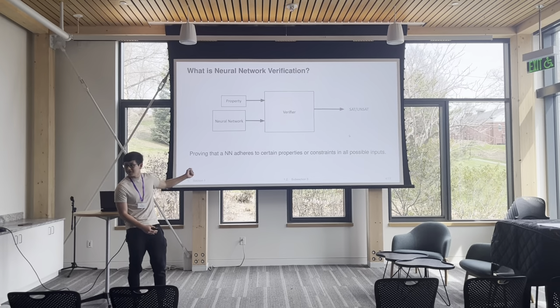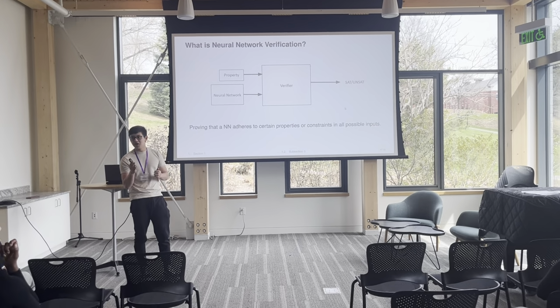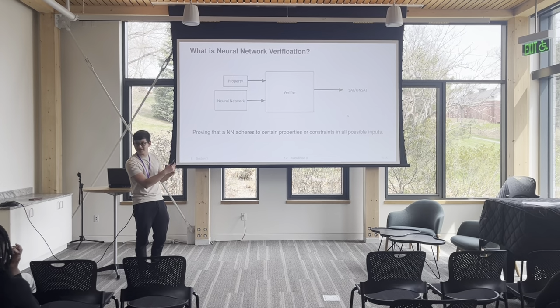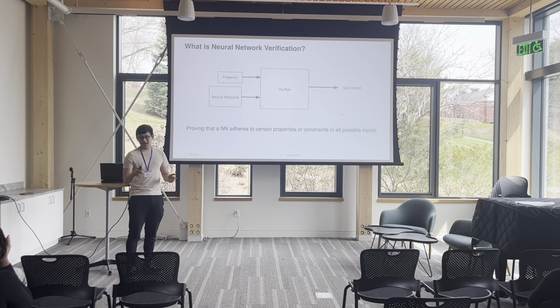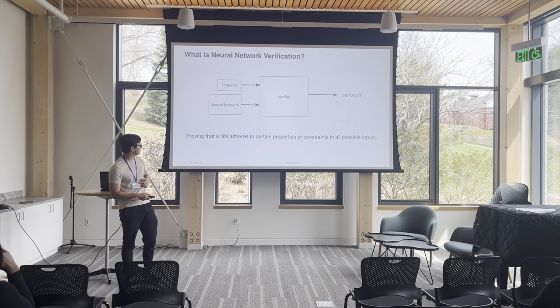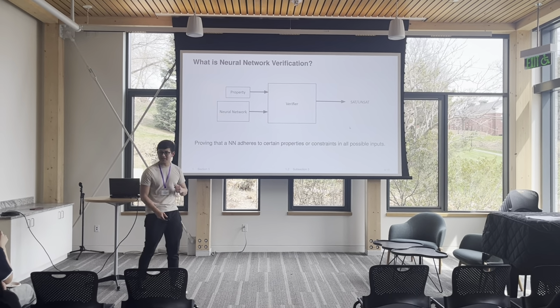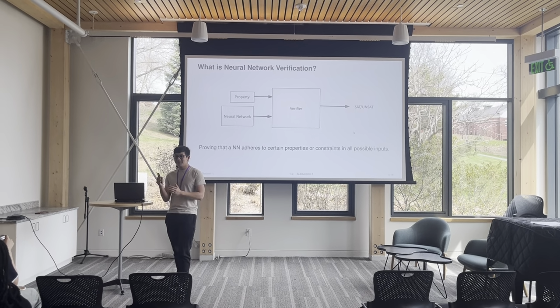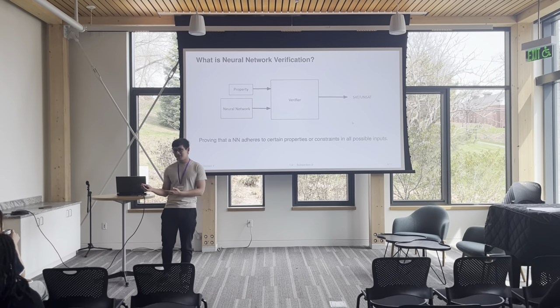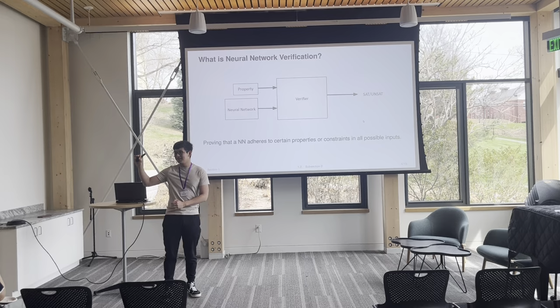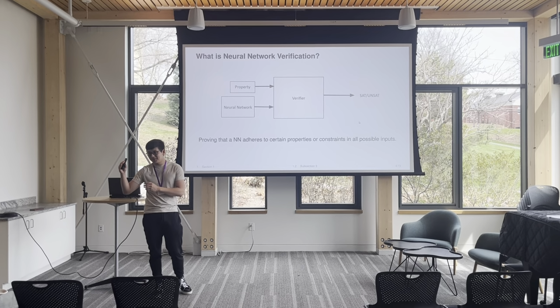You have a neural network, which at the low level is a function, and you have a property you want to prove. You feed it through a verifier, and you either get that the property is satisfiable or unsatisfiable. One such property could be a reachability property, where you say, okay, I have this malicious output that I don't want the neural network to ever be able to produce.